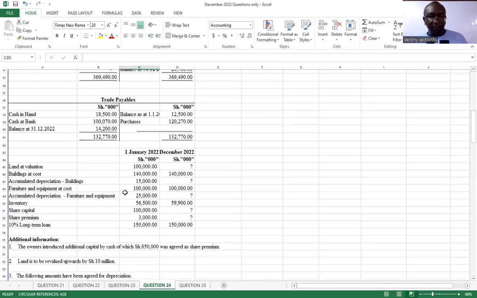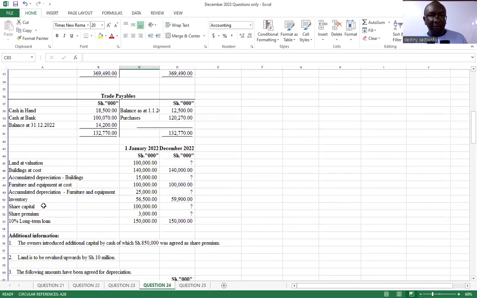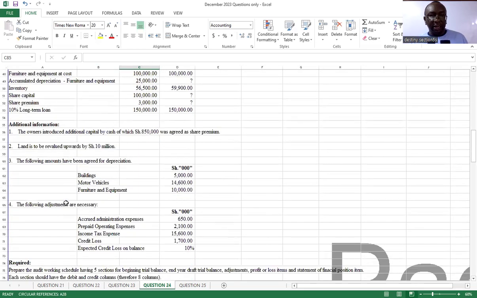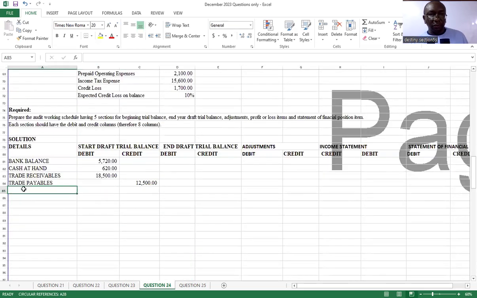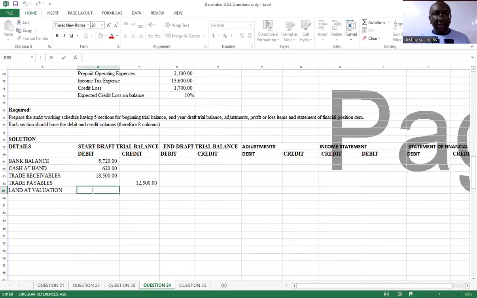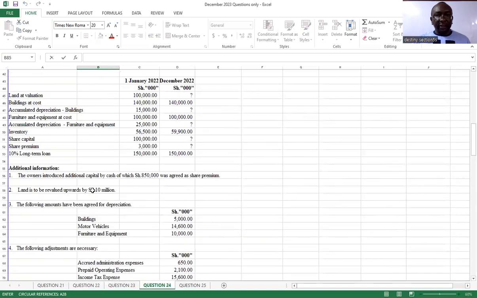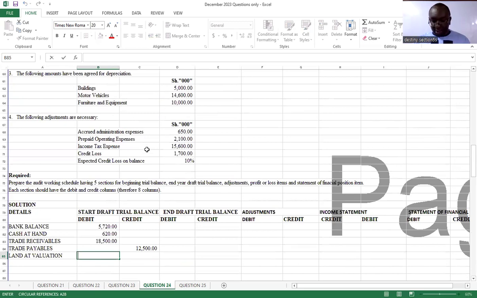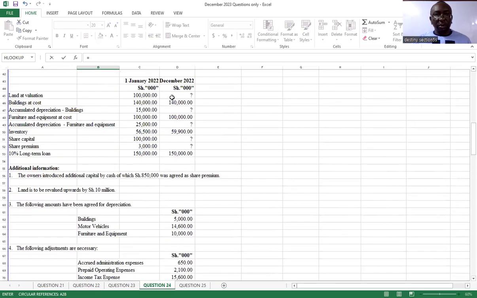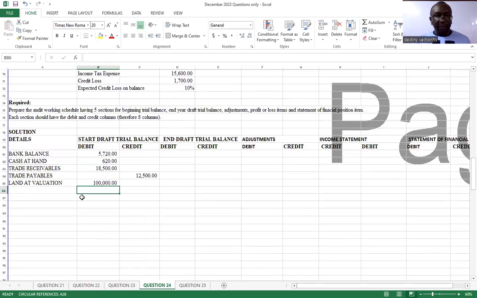So what we now have are these details. From there we have RAD, RAD valuation. And this RAD is an asset. So the opening balance should be equal to this amount here as the opening balance.